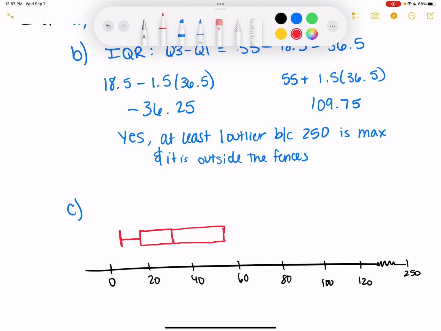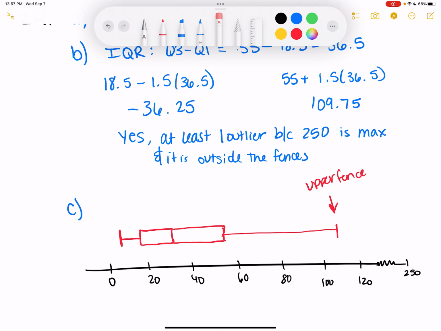And then, like I said, we're going to draw our upper fence, or our max value, as our fence of 109. And I'm just going to make a note that this is my upper fence value, just so if you go back to look, you know that that wasn't the max value.